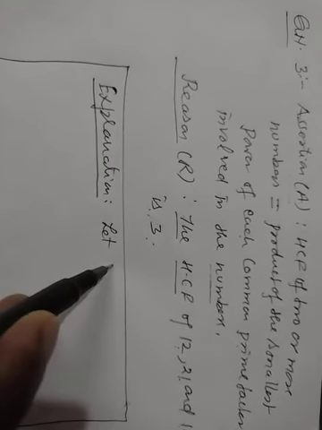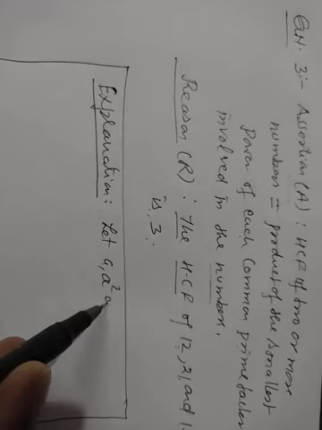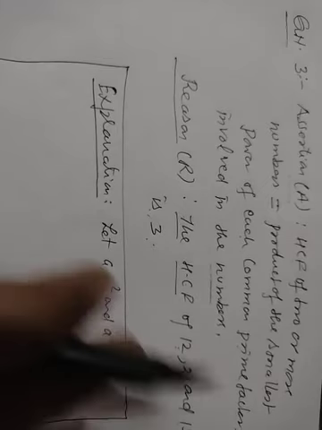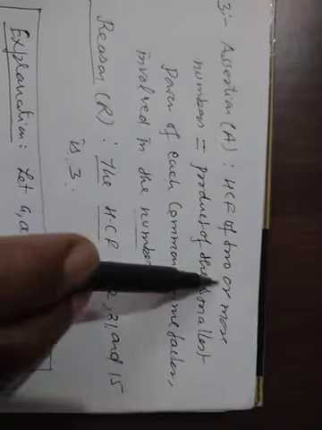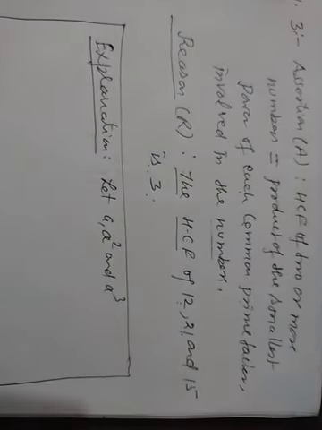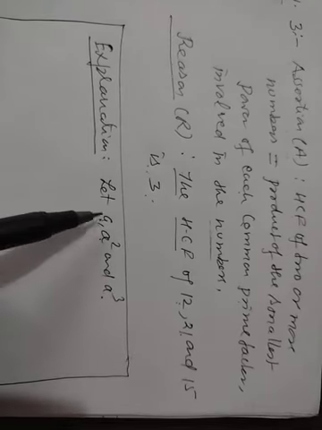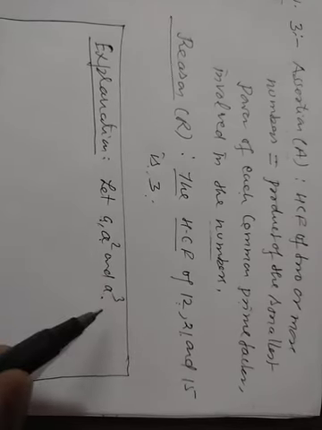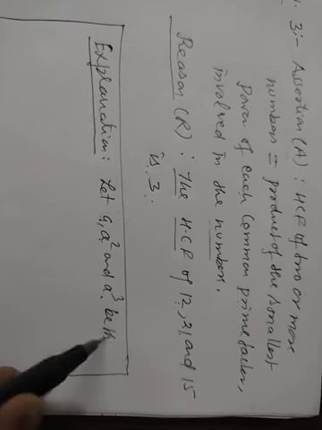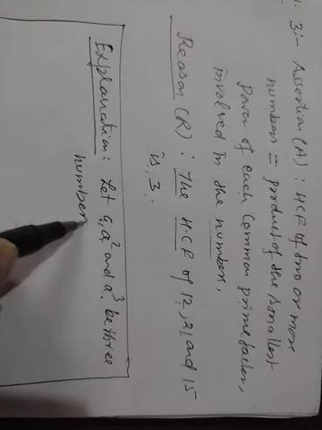Let us take a, a square and a cube. Here the HCF of two or more numbers is given, so we need to take two or more numbers, say three numbers.